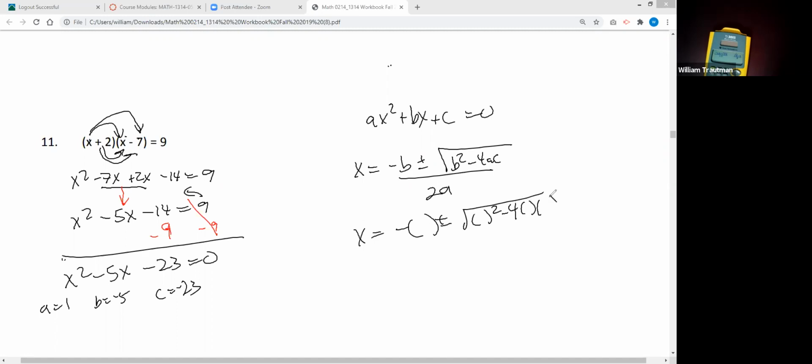I promise you, if you don't put those parentheses when you type it in a calculator, something is going to go wrong. a is 1, so everywhere there's an a, I'm putting a 1. b is -5. And c is -23.